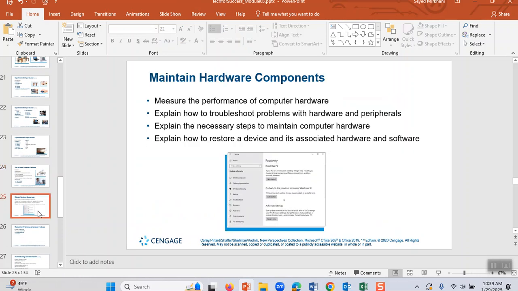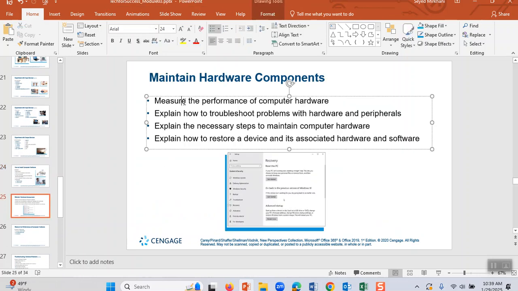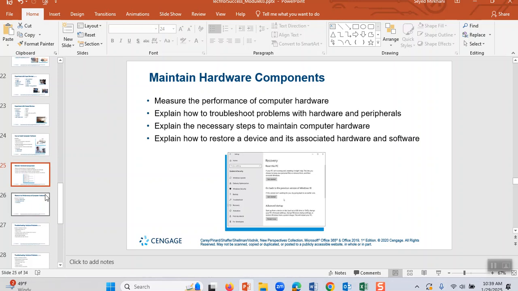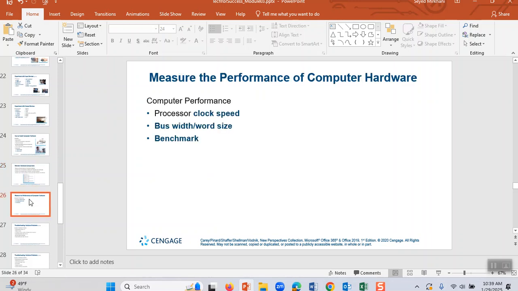And here is maintaining hardware. When you buy a computer, you want to make sure they know about the issue of troubleshooting and how to maintain your computer to make sure that it lasts longer and your data is safe.